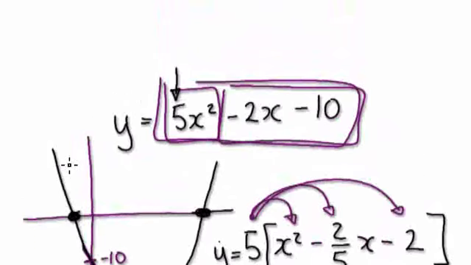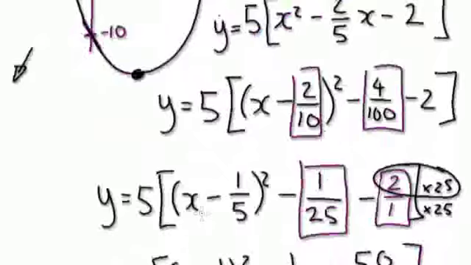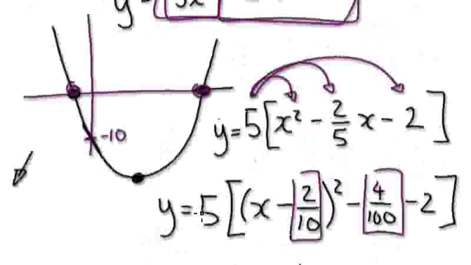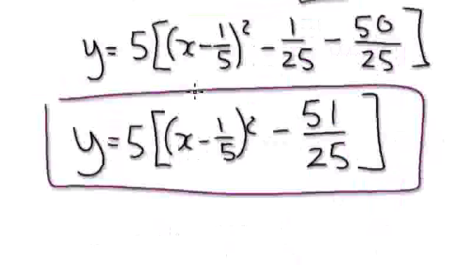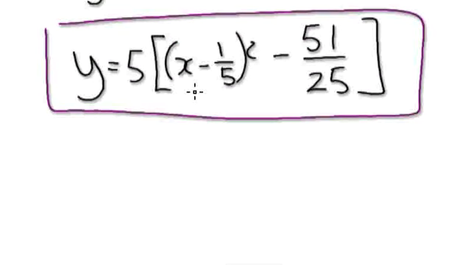So now to find out these 2 points here, put 0 into the y, because at this point and this point the y value will be 0. So put 0 into the y here.